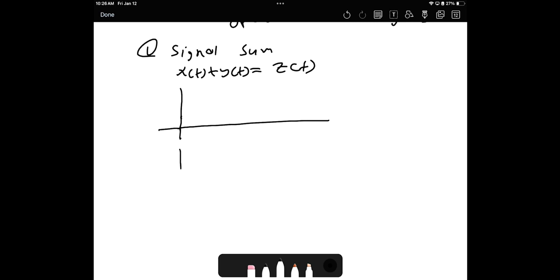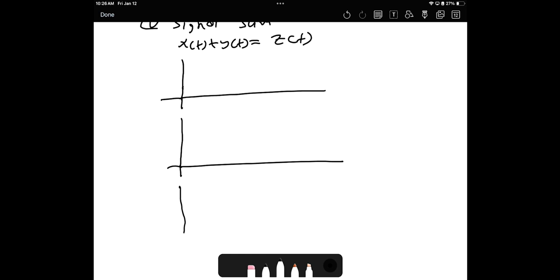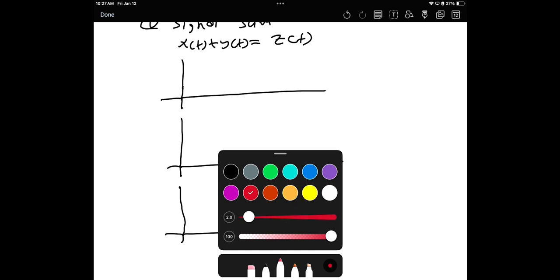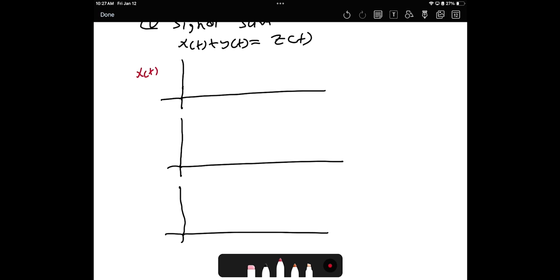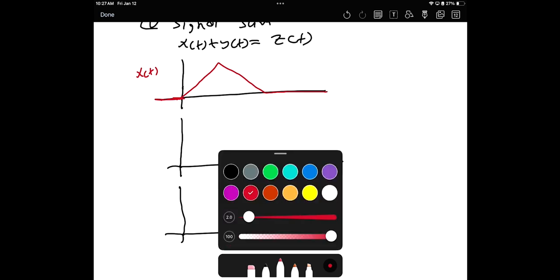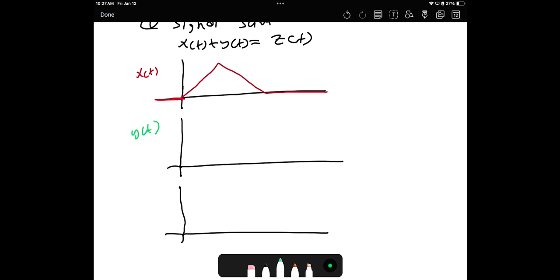And I'm going to also plot y of t, and I will plot z of t. And here is x of t. So I'm going to assume x of t as shown here. Then I'm going to assume y of t like this. Make guidelines.